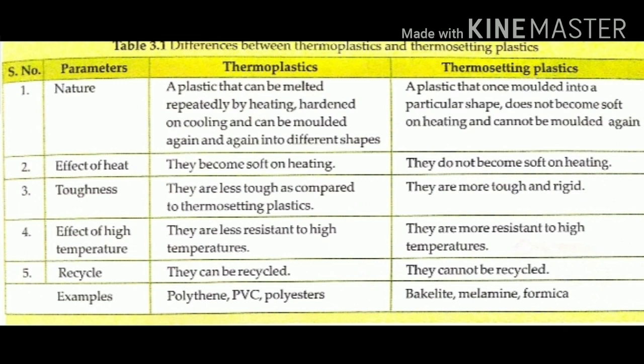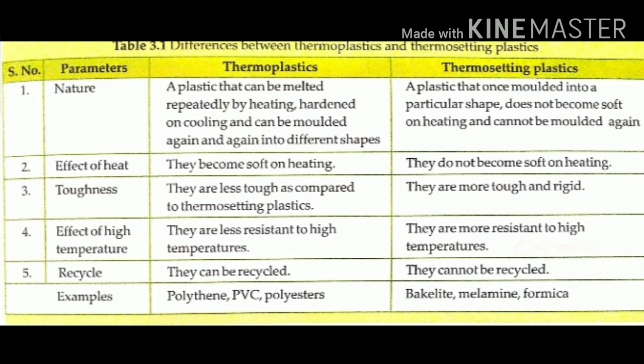Now let's see what is the effect of heat on these two types of plastics. Thermoplastics become soft on heating, whereas thermosetting plastics do not become soft. Thermoplastics are less tough as compared to thermosetting plastics, while thermosetting plastics are more tough and rigid.